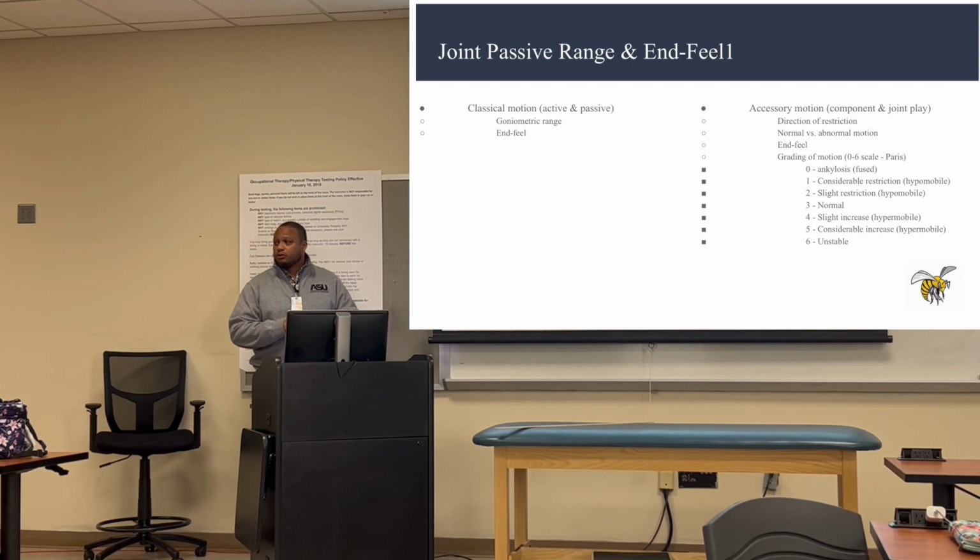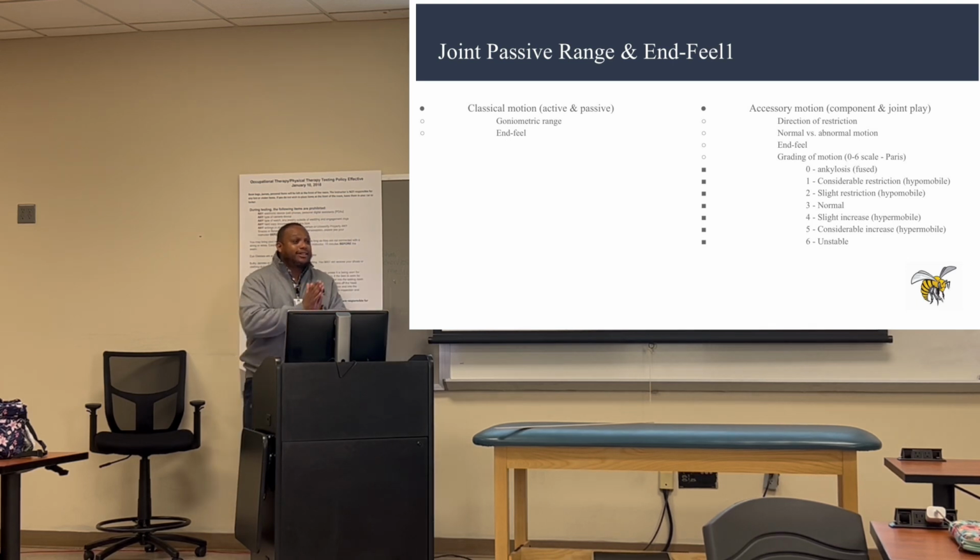Now, how do we get these grades? Motion getting outside of the resistance of the cartilage. Not like outside, but like while stretching the cartilage. So if I give my right glenohumeral joint, say the inferior glide, a grade, and say it is my involved extremity, how am I gonna know that it is considerably restricted with hypomobility?